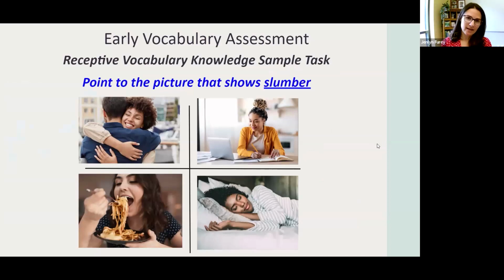So one broad type of vocabulary assessment is a receptive knowledge task. And typically it looks something like this, where we show 4 picture options and ask the student, point to the picture that shows slumber. So it's multiple choice. They do have a chance of guessing correctly, but it's helping us to get a general sense of their receptive knowledge, or how well they can recognize something about the word meaning when they're given multiple choice options.